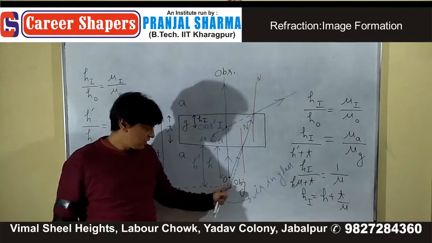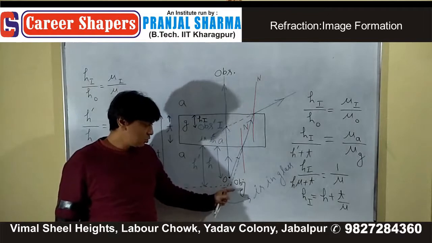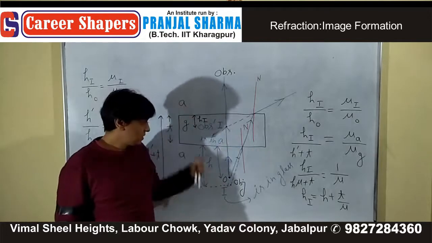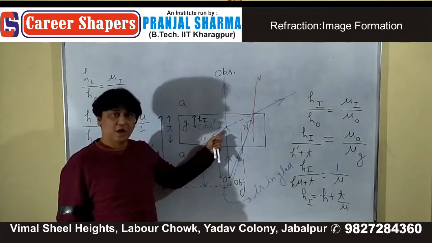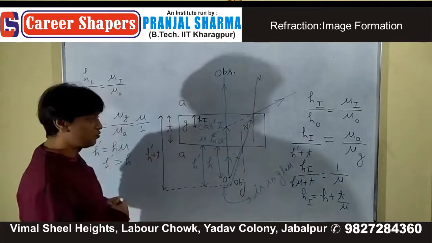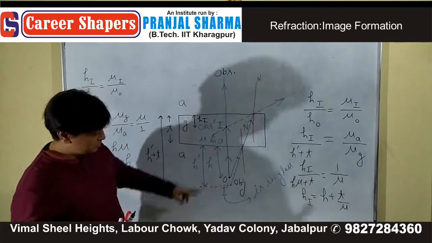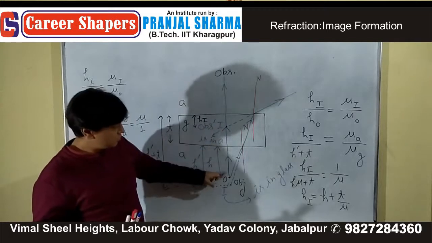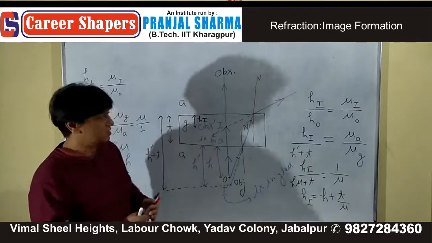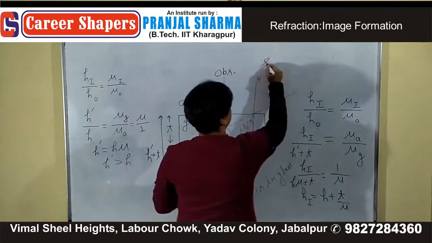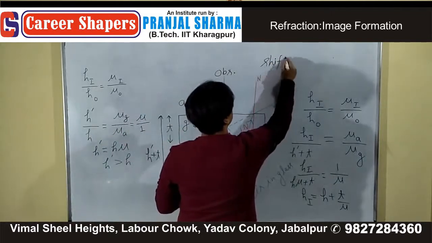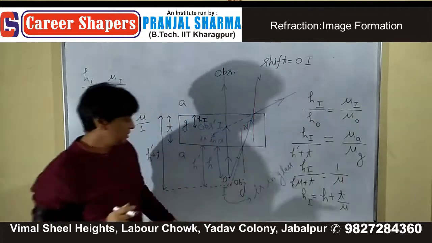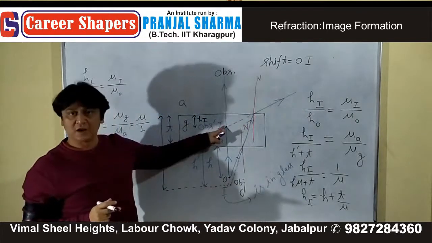Instead of observing the object at this location, this observer observes it at this position, and therefore we need to find this shift from O to I. Our aim is to find OI, this separation. So when you say shift, this shift is nothing but OI, the separation between this O and this final image I.